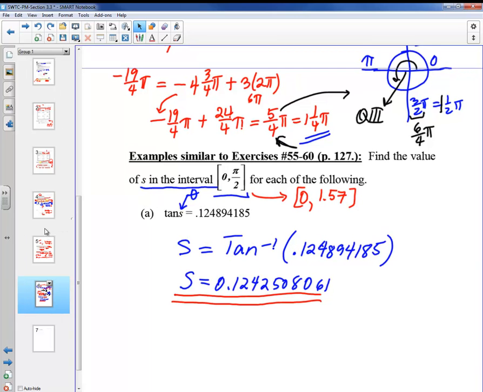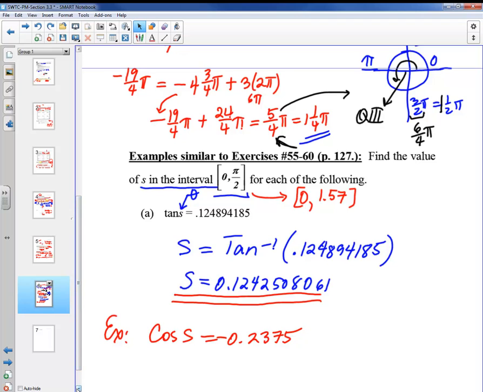I need more room. Okay, so let's say this is another example, and you're asked to find S, or theta, where cosine of S equals negative 0.2375.